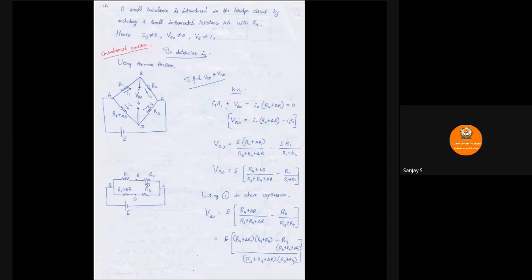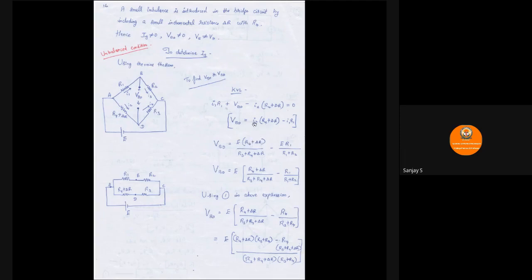For that, I'll be using this circuit. As you know, I am going to consider I1 and I3 to be the same here, and I2 is the same as I4. So your I1 will be E divided by R1 plus R2, and I2 will be E divided by R3 plus R4 plus delta R. If I use that here, I have R4 plus delta R as usual.